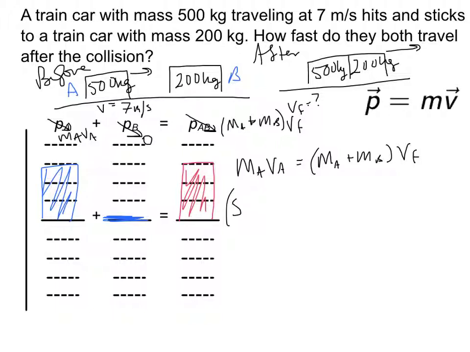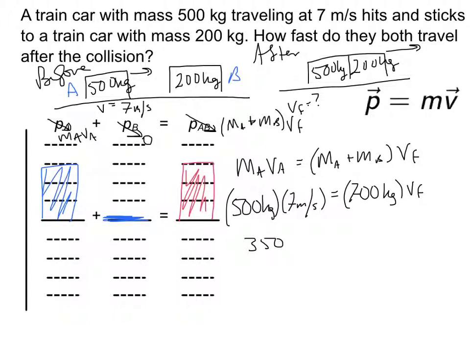Mass A is 500 kilograms with a velocity of 7 meters per second. That has to be equal to their combined masses, which is 700 kilograms, times final velocity. So 3,500 is equal to 700 times final velocity.